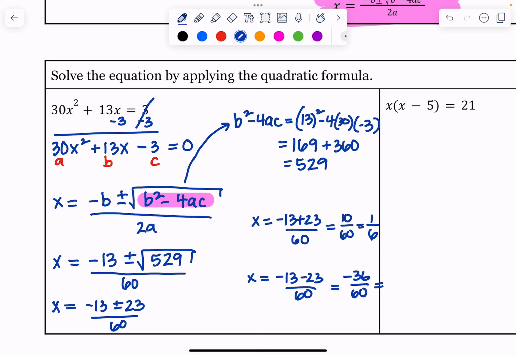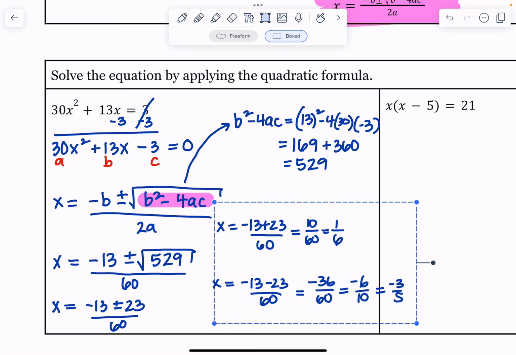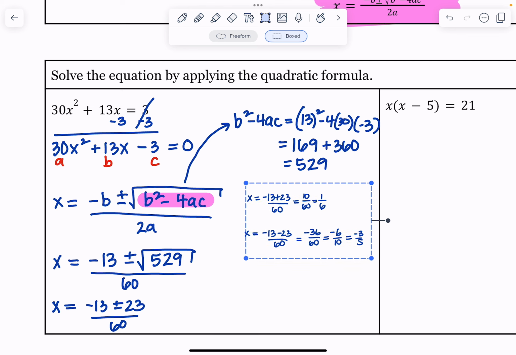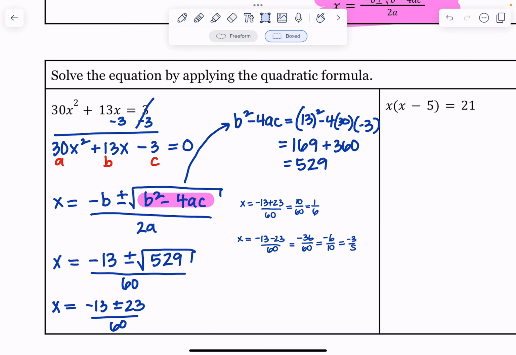And reduced, that would be negative 6/10, which would be negative 3/5. So let me move that over so we have room for the next problem. Awesome, so our solution set would be negative 3/5 and 1/6.